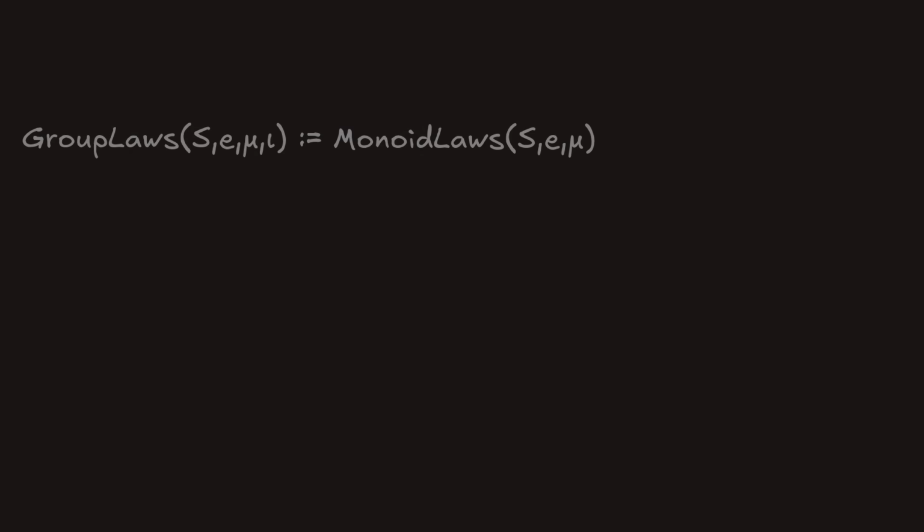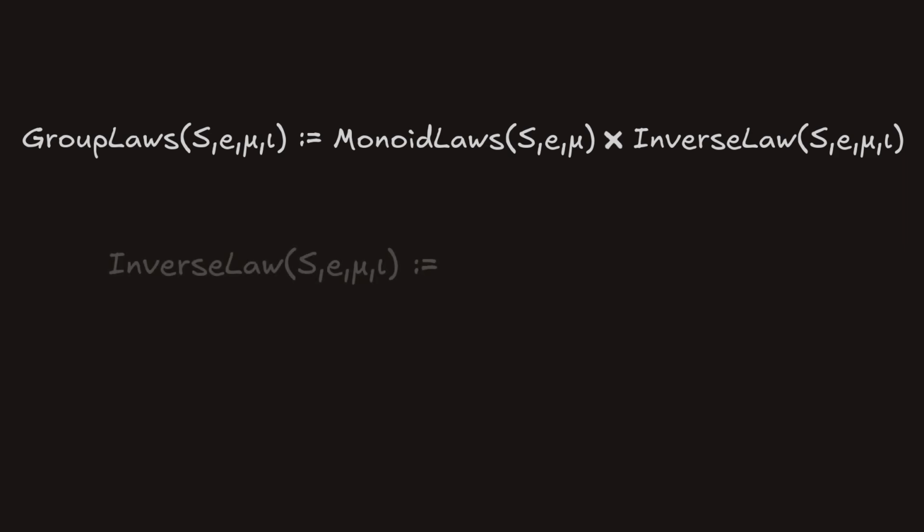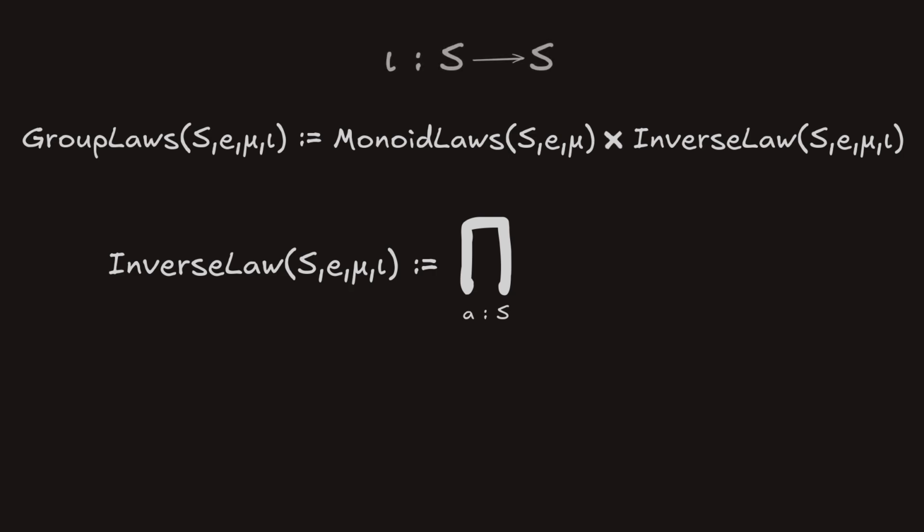A group is simply a monoid that obeys the inverse law. This states that for every element A in a group, there exists an inverse of A, such that A composed with its inverse is equal to the identity element.